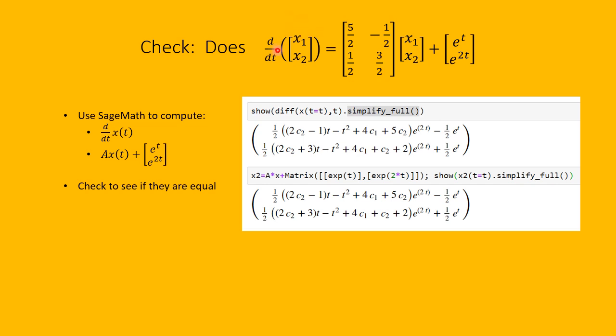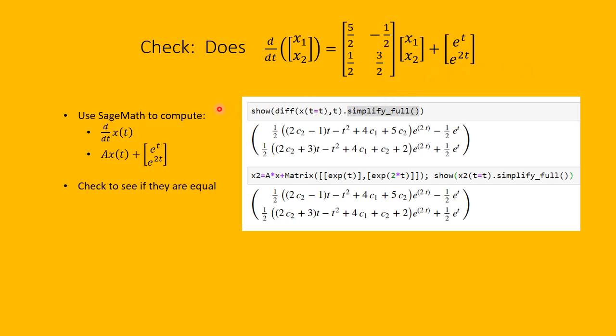So we want to check to see if that function x of t, that vector valued function, satisfies this non-homogeneous system of differential equations. So what we'll do in SageMath is to calculate the left-hand side, calculate this right-hand side, and then inspect those two to see if they are equal or not.